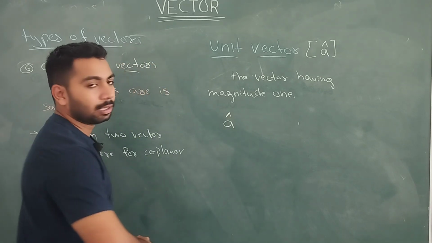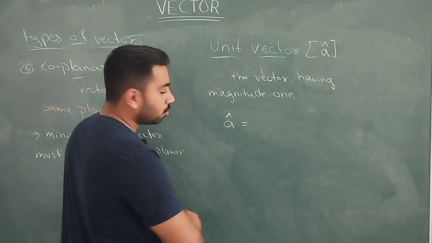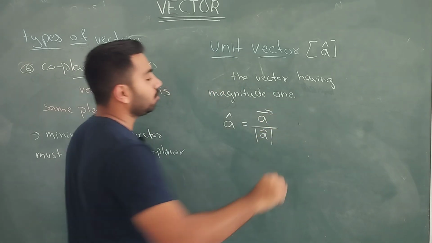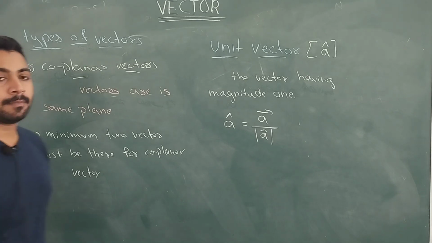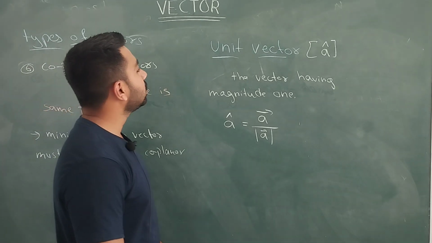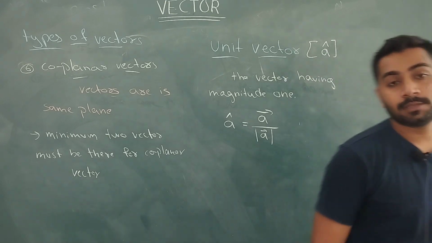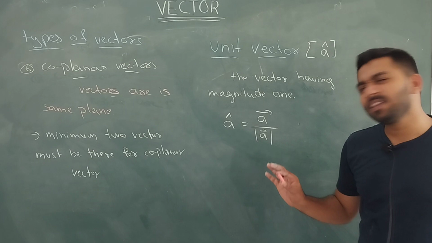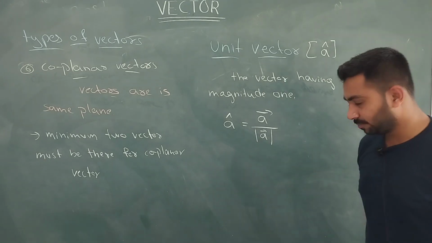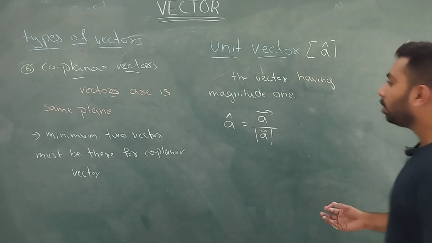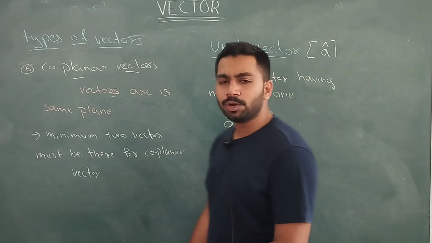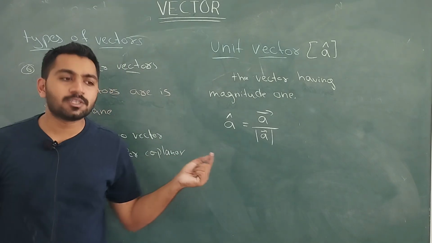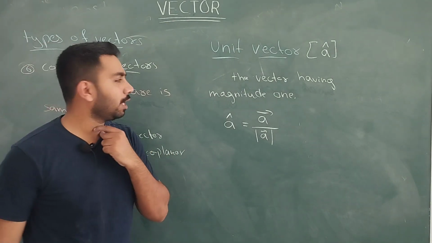Unit vector is equal to that vector divided by the magnitude of the vector. This is basically the unit vector, and it is the most important thing in your vectors. Unit vector is the vector which has a magnitude of 1 unit. Unit means 1, maybe it is 1 second, whatever. 1 must be the unit.